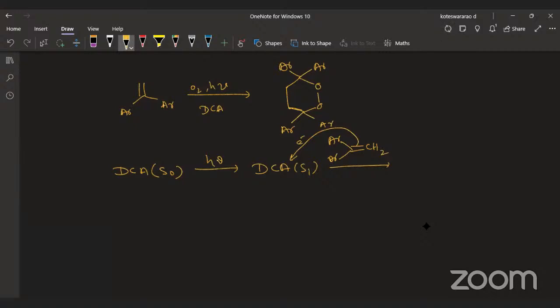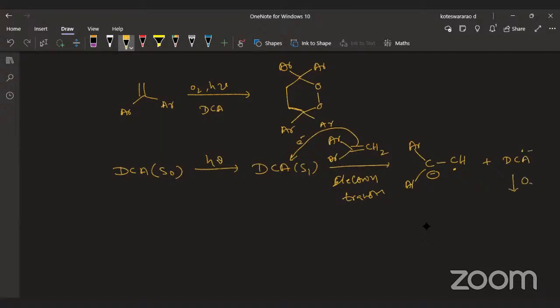Electron transfer leads to the formation of the carbon radical cation and the aryl anion, along with the DCA radical.